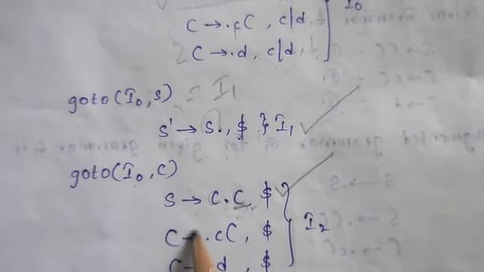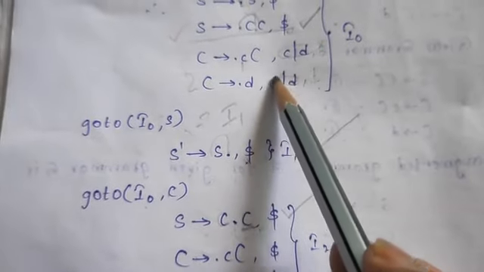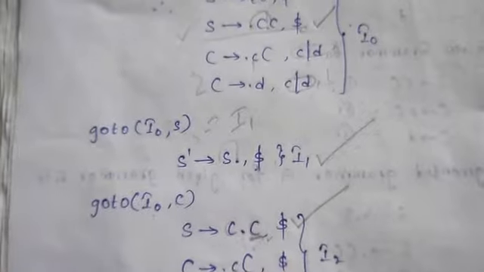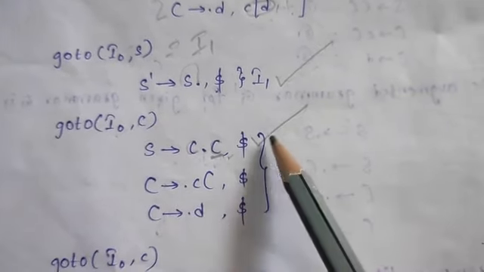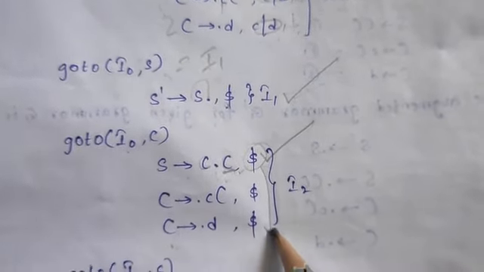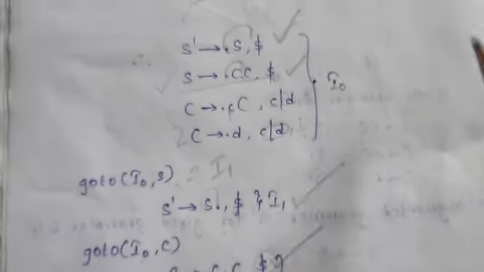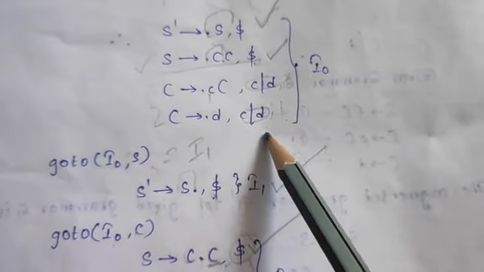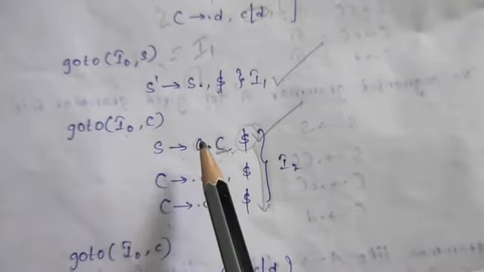After placing these productions, no need to place the look aheads of the original grammar. We need to blindly follow the first production's look ahead throughout this entire state. That's why here C slash D, here C slash D.